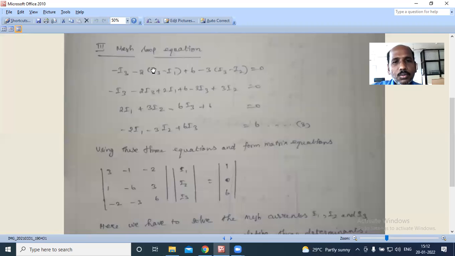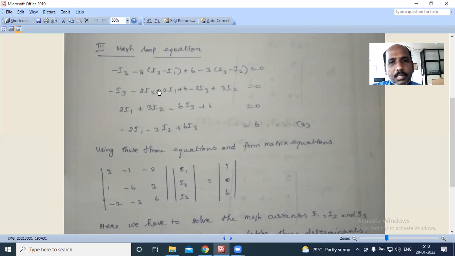Now you group all the I1 on one side, I2 on one side, I3 on one side. Just mathematically, you group all the I1, I2, I3 here. -2 into I3, -2 into minus I1, so +2I1.